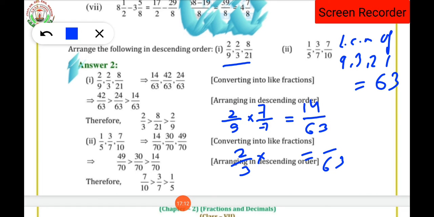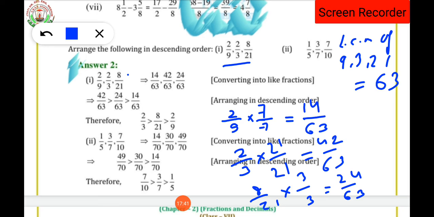Here 3 times 21 is 63, so the numerator and denominator are multiplied by 21. So 2 21s is 42. Then the last number is 8 upon 21. By which number will this be multiplied to get the LCM 63? It will be multiplied with 3. Clear? So 8 3s is 24.